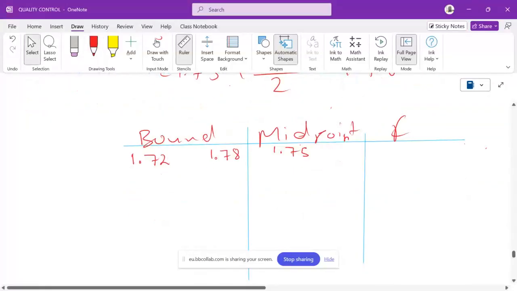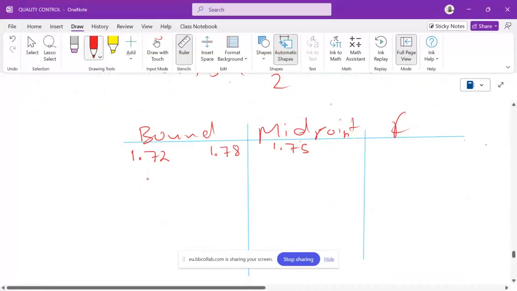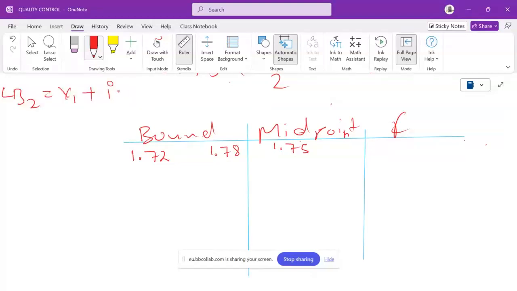However, now you want to find lower boundary 2, which is equal to your x1 plus interval. You're going to find it as 1.72 plus 0.07, and it's going to lead you to 1.79.